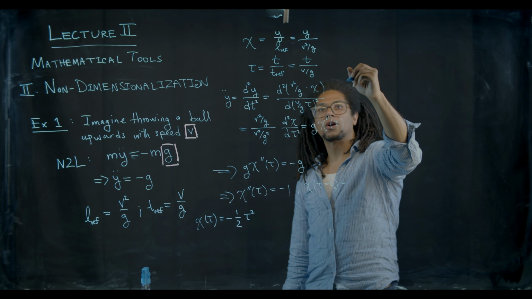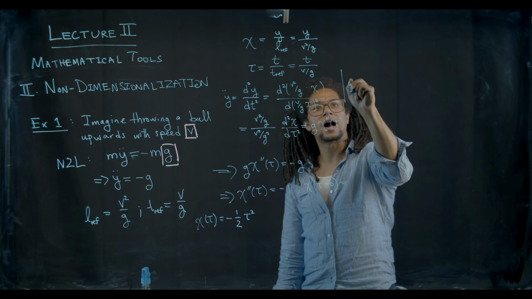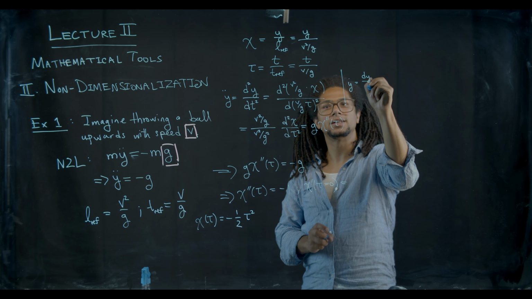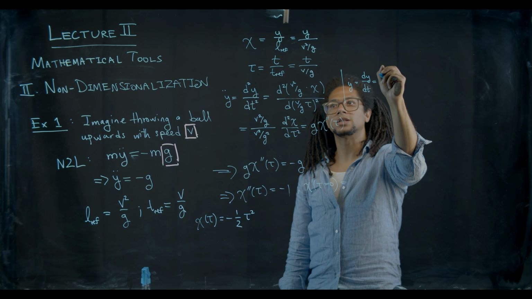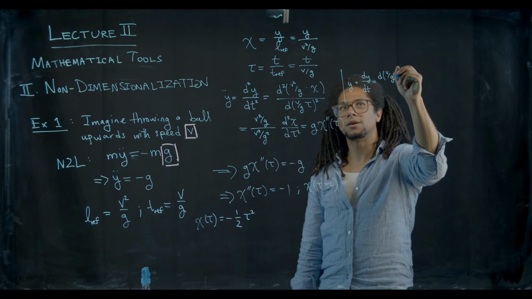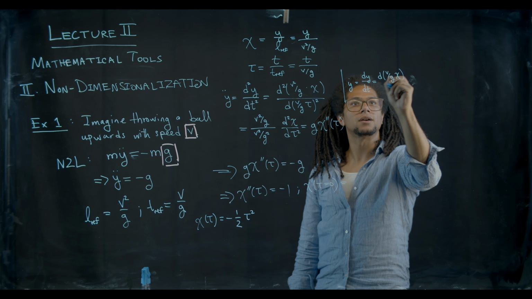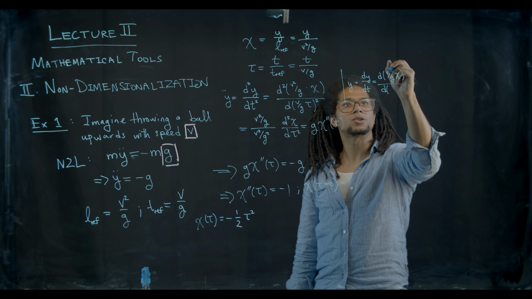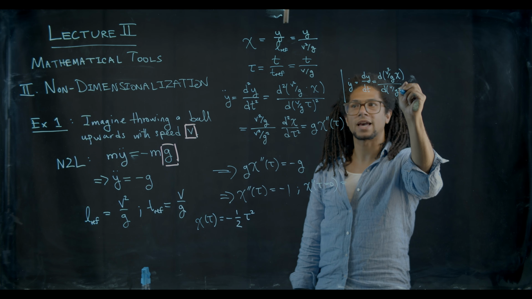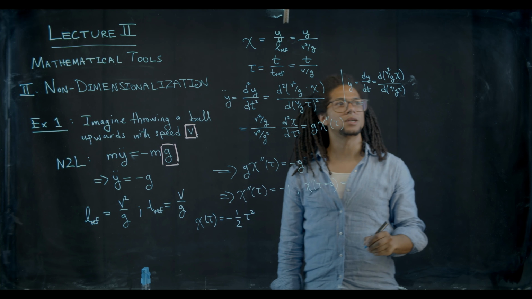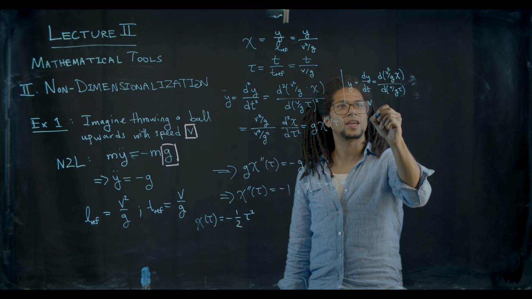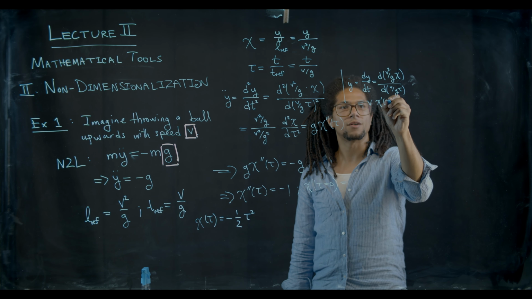What we would have for y dot is, in that case, we are looking at dy dt, which is the same as d of v squared over g times chi, over d of v over g times tau, which is, by just pulling out the constants and canceling the g's, equal to v times chi prime of tau.